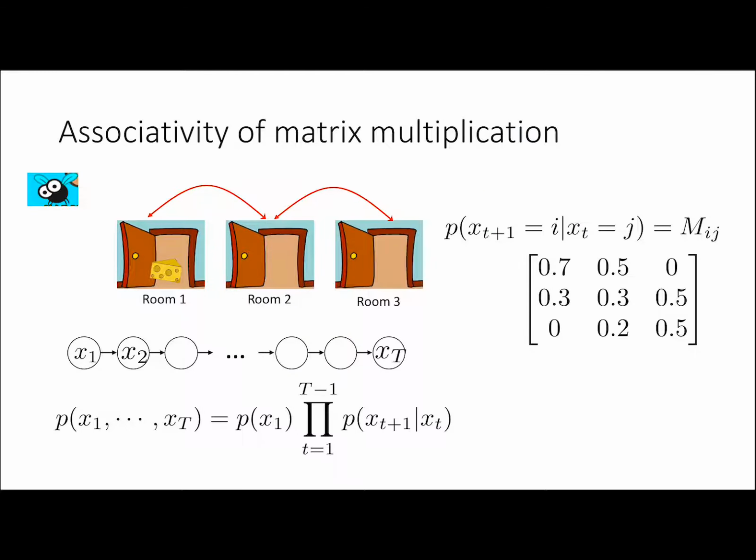To see an example, let's start with what we call the annoying fly. So let's say that you have 3 rooms, and there is one smelly cheese in one of the rooms, right? And there's a fly that just does things randomly, but it can jump from room 1 to room 2, or room 2 to room 3.